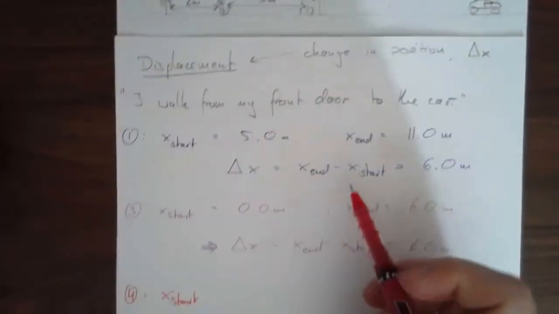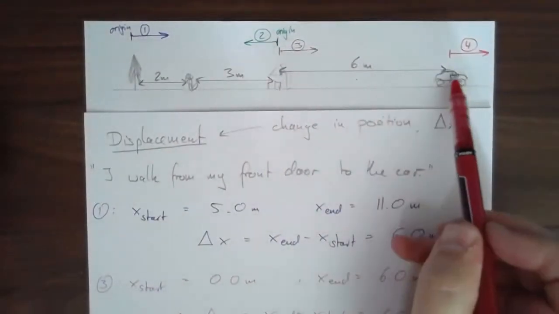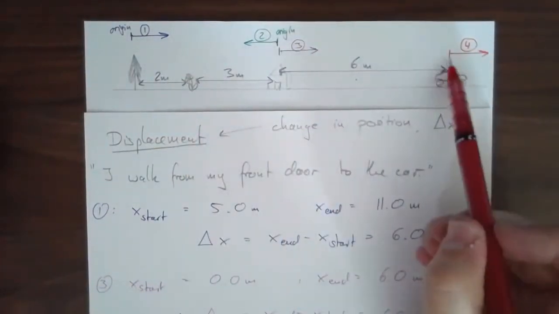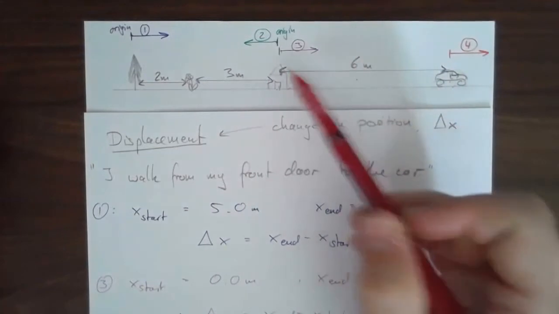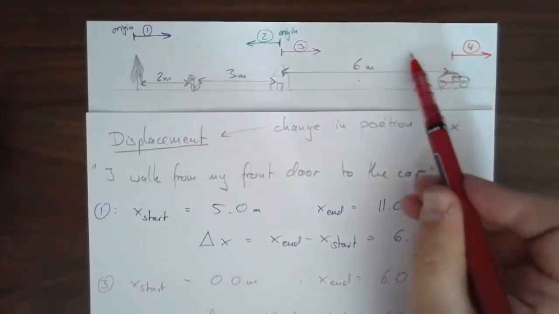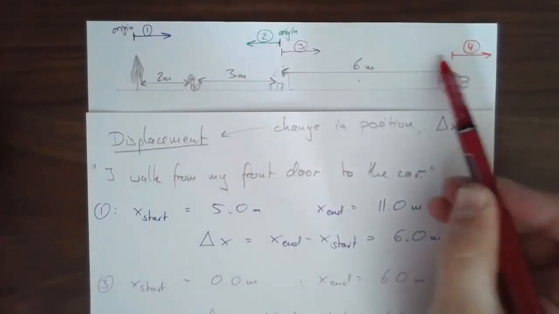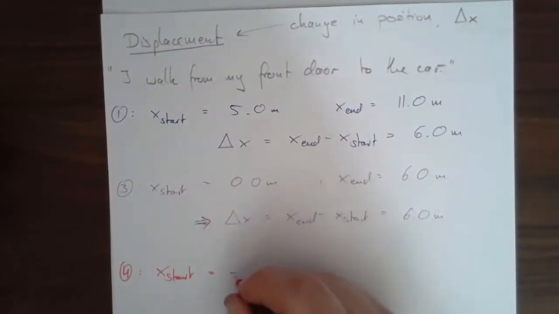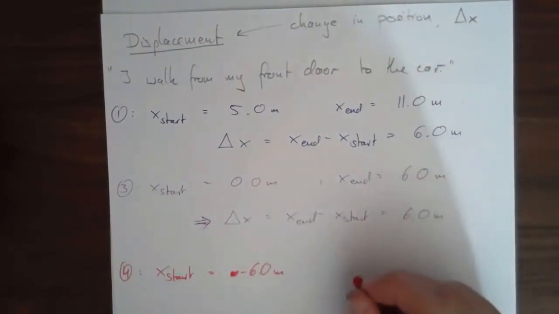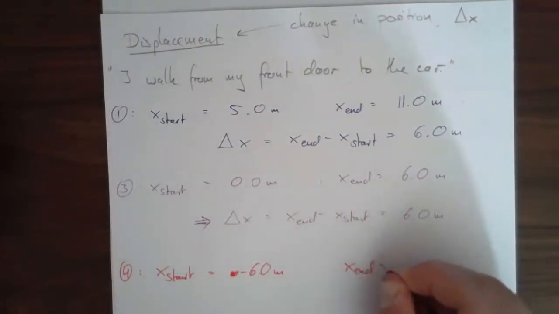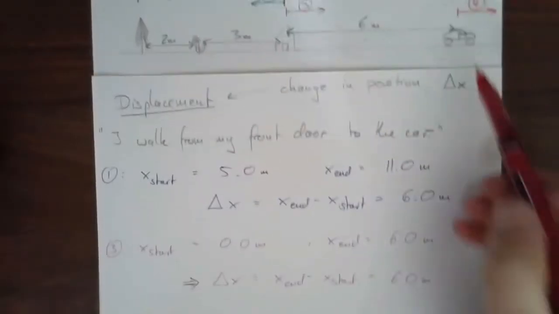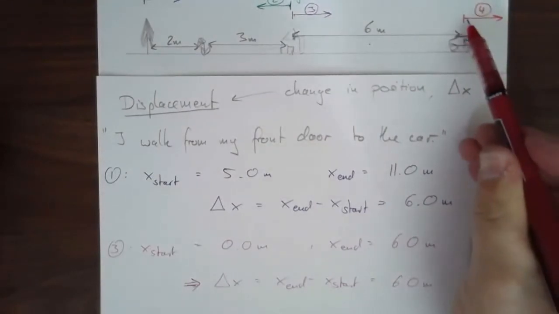In coordinate system 4, the house is 6 meters from the origin, but the positive direction is right, so it's 6 meters in the negative direction, right? We'd have to extend the ruler beyond its 0 point into the negatives. So it would start at minus 6 meters, and then we end at 0 meters, because we end at the origin. The car is the origin in this coordinate system.